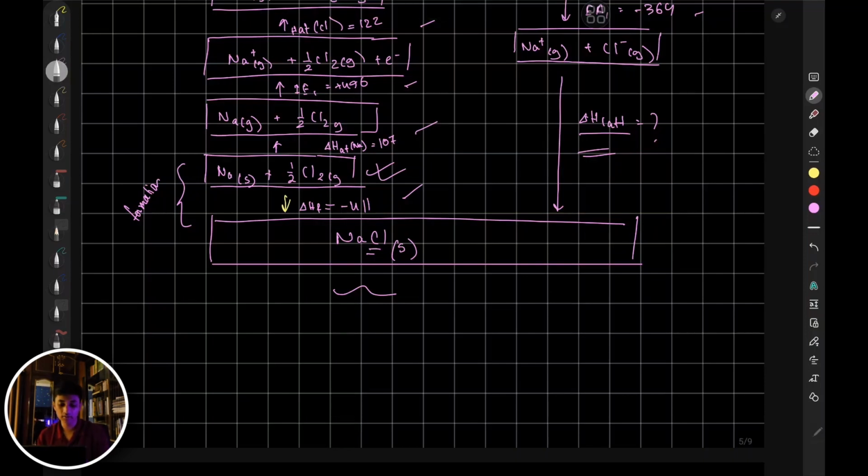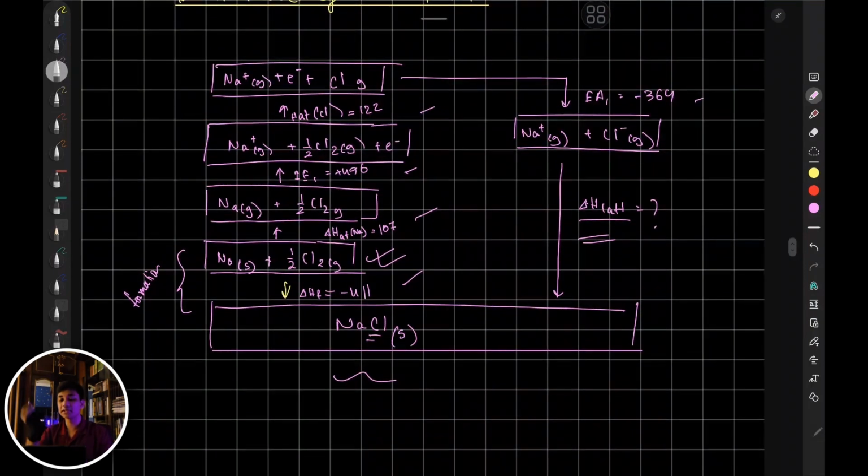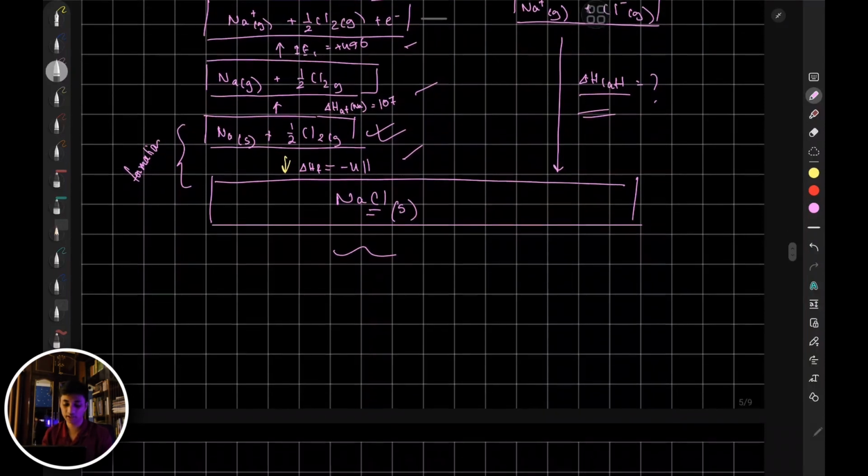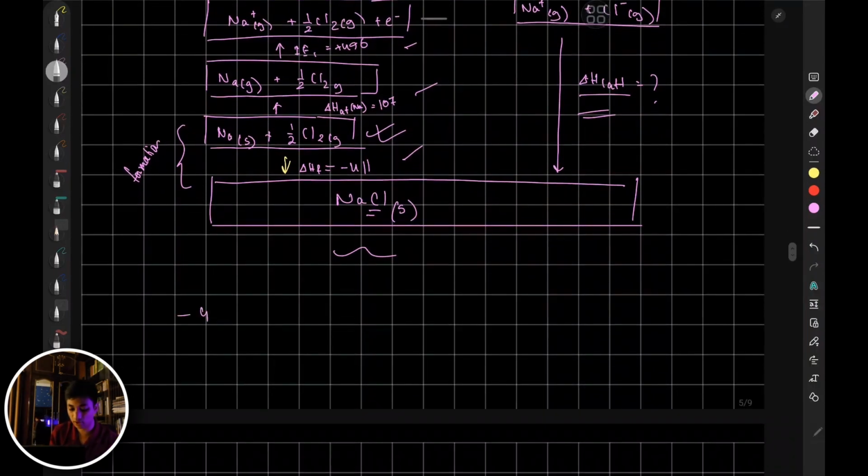How do you do that? You know the direct approach. What is the direct approach? Enthalpy change of formation. What is the value? Minus 411. Which side do you put it on? It can be left or right, but let's say we're putting it on the left hand side and we're writing minus 411, and on the other side you're going to add all the values for the indirect approach.